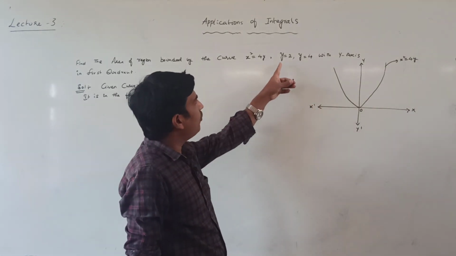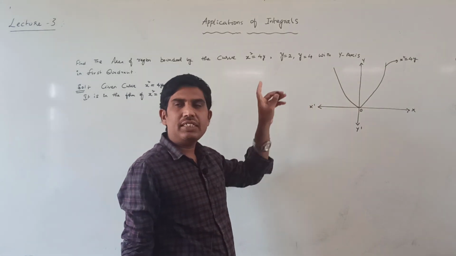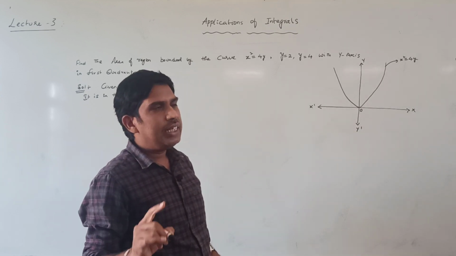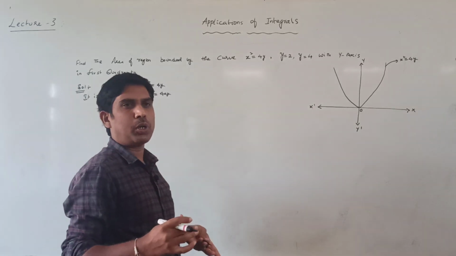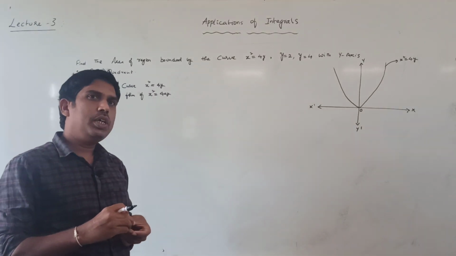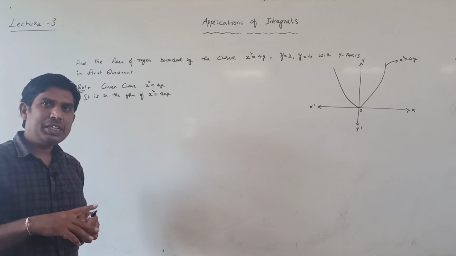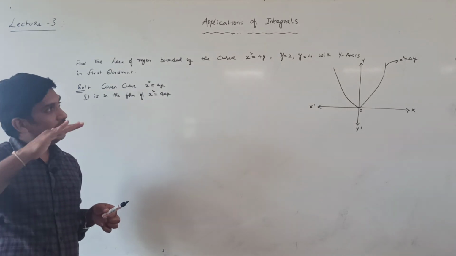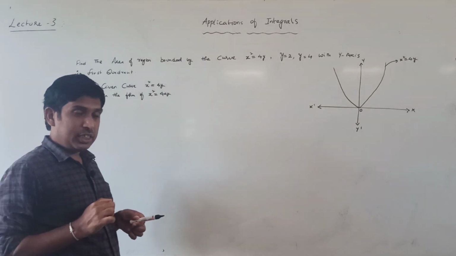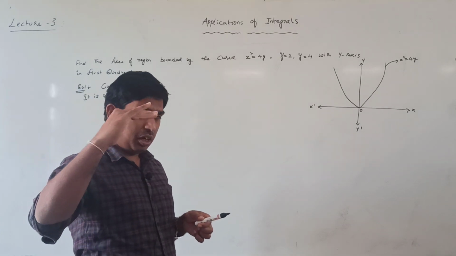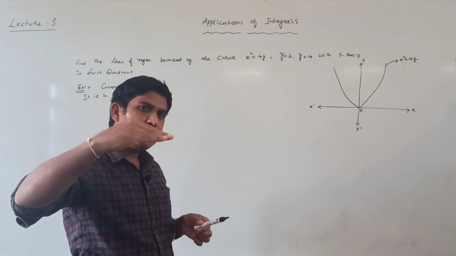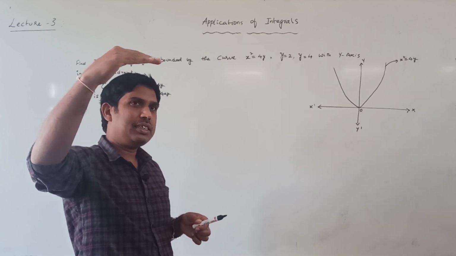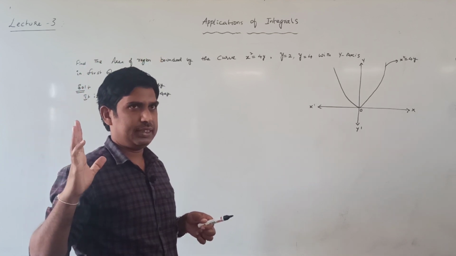So x square is equal to 4y. Next, what they gave here is one more line equation, y is equal to 2. So y is equal to 2 represents a horizontal line. In the previous problem, x is equal to 2 represented a vertical line equation. y is equal to 2 represents a horizontal line equation, a horizontal line above the x-axis at a distance of 2 units.